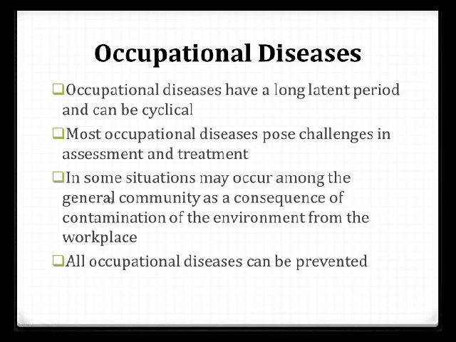In some situations, it may occur among the general community as a consequence of contamination. So we have multiple examples across Canada where we have workplaces where there were chemicals, and asbestos again is another great example of this, where asbestos may have attached to articles of clothing and then it was taken home.